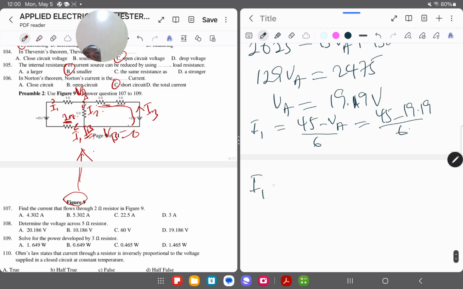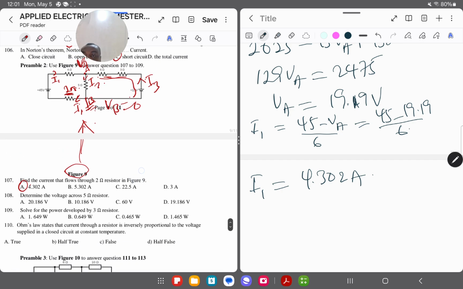So I1 is going to be equals to minus 1 plus 45 divided by 6. That will be 4.3, right? So I get 4.302 amps. So the answer here is going to be what? A. So that is for this question.